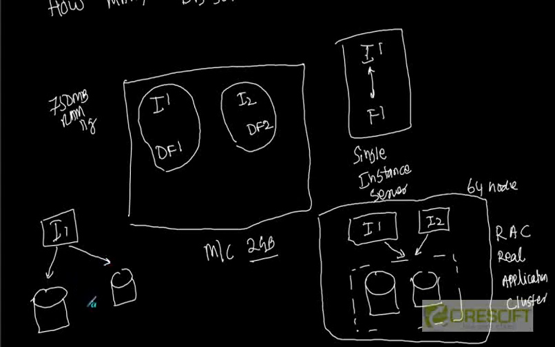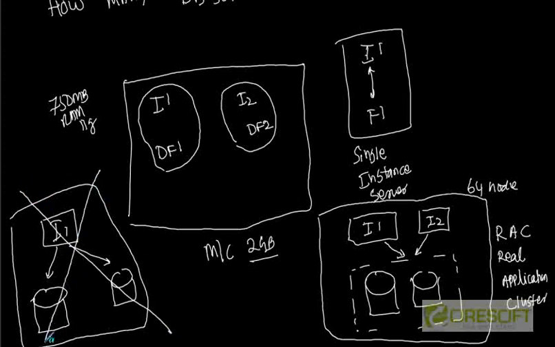In a database we have a lot of properties like atomicity, consistency, and so on, and we cannot use multiple database files with only one instance to work with. Therefore this scenario never exists. We can have one-to-one, or multiple instances with one database.